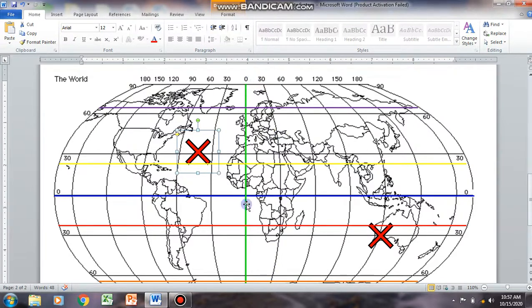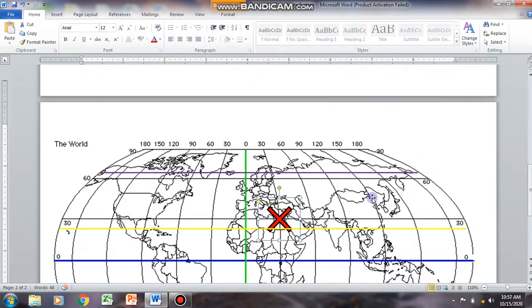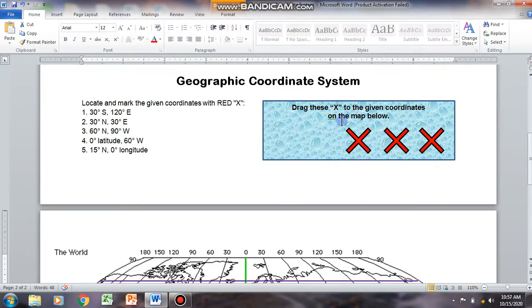Longitude divides Earth into western and eastern hemisphere. So this is the 30 degrees north and 30 degrees east. They intersect on the country of Egypt. Next number.